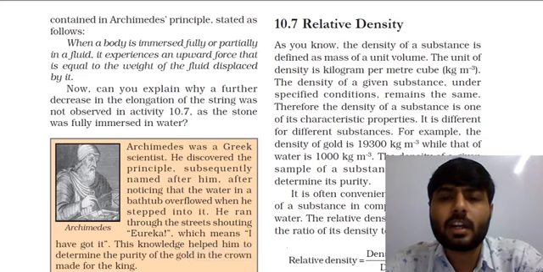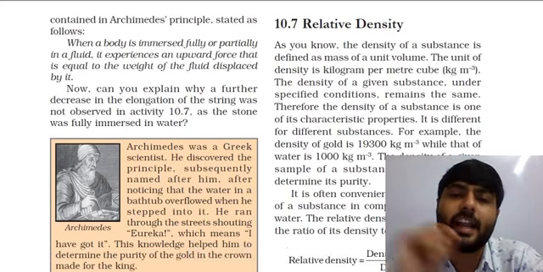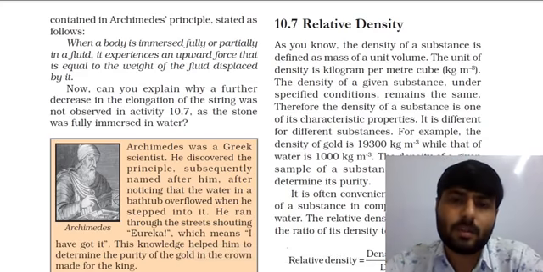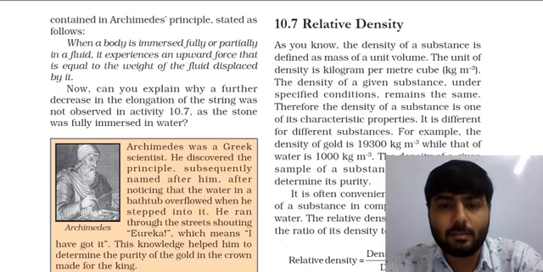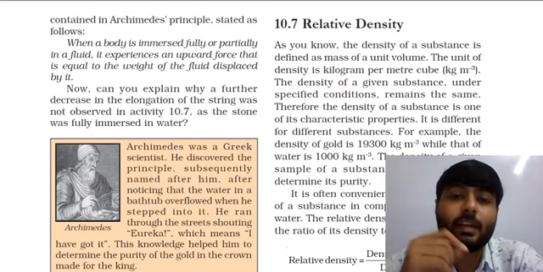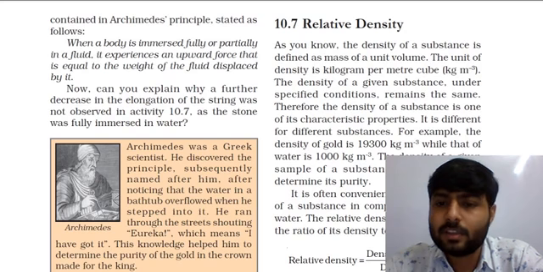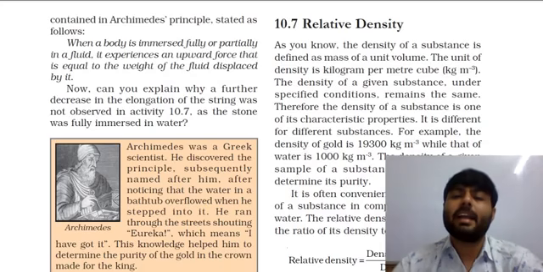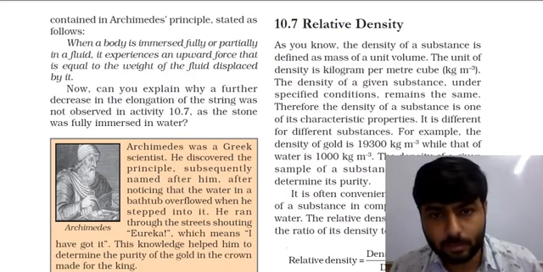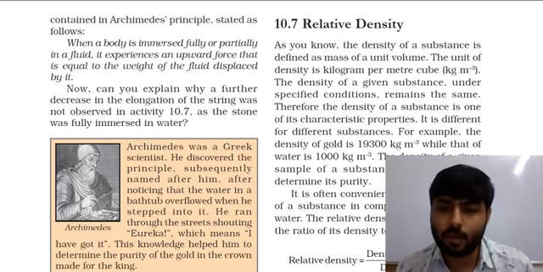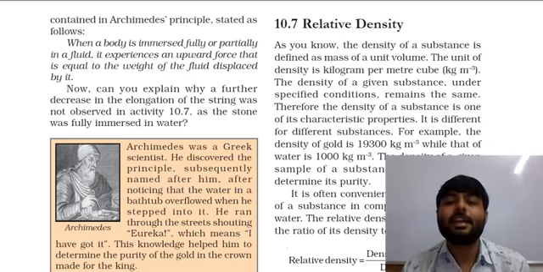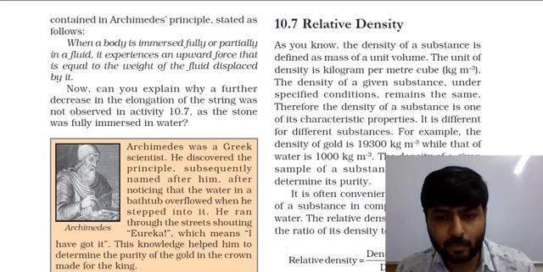Now we have another topic, that is relative density. Now we know density, but here we have relative density. As you know, the density of a substance is defined as mass per unit volume. The unit of density is kilogram per meter cube.